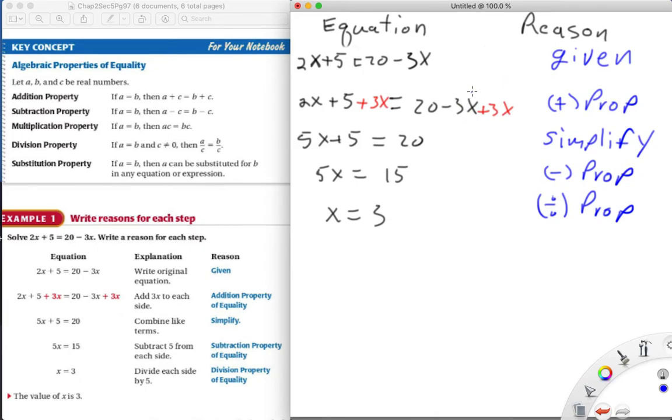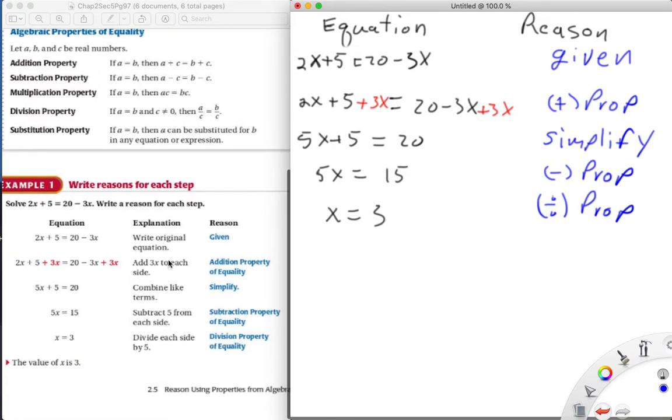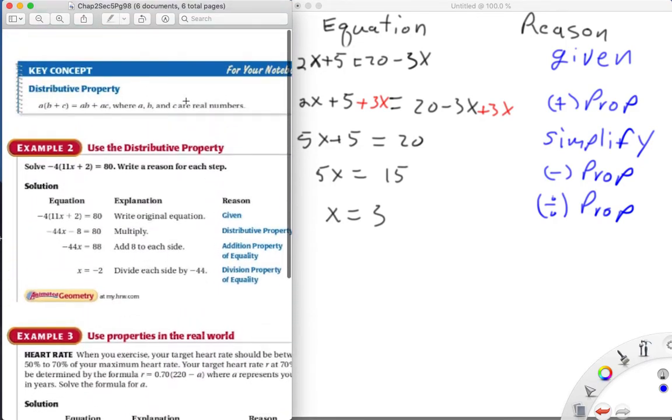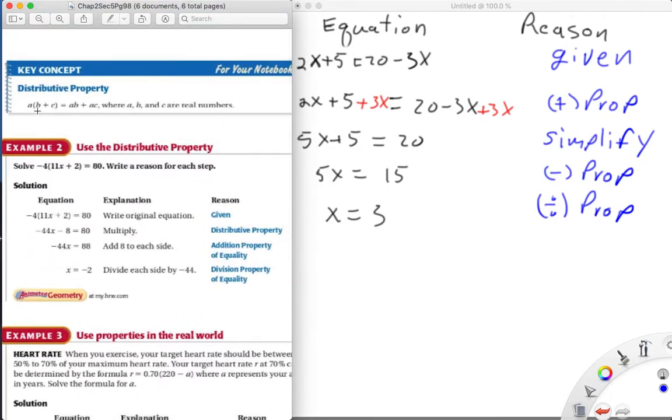This is an algebraic proof, but it's still a proof. We proved that x equals 3, and we justified each step. That is a proof. Welcome to the world of proofs. Then we have the distributive property, and we know what that is. It says that if we have multiplication across addition, then we can multiply each term within the addition or subtraction statement by the outside term.